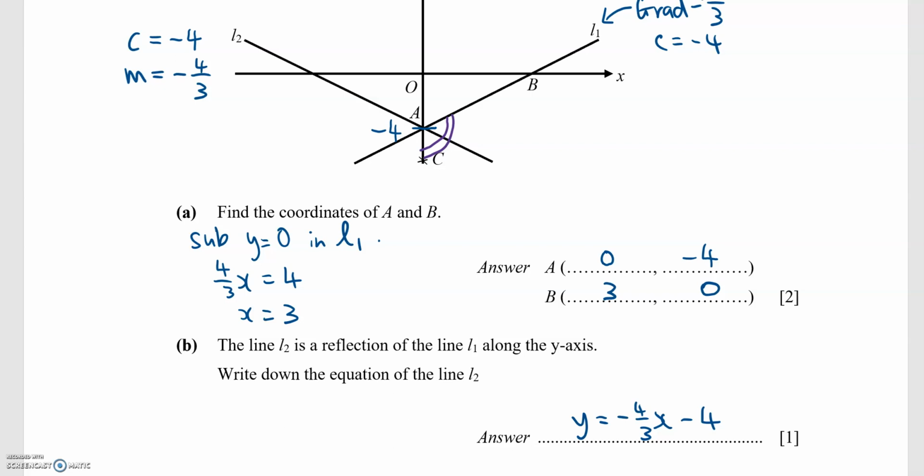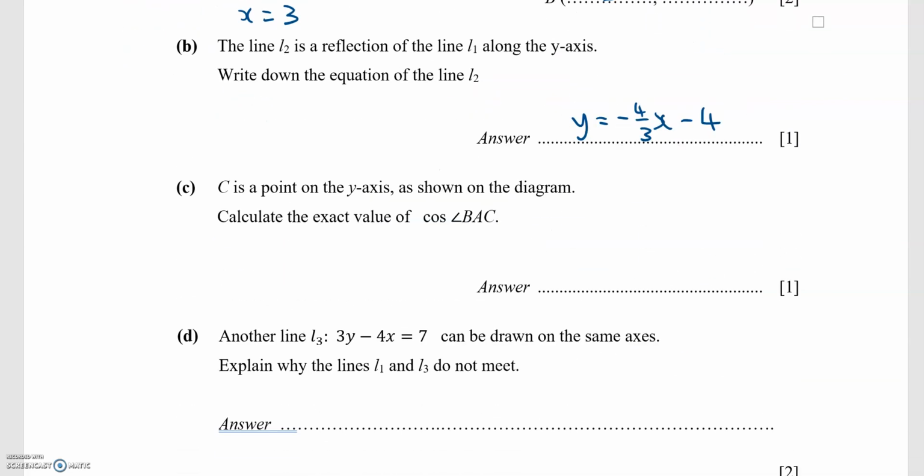So I'm going to make use of the acute angle, angle BAO, to help us find the exact value of cosine of angle BAC. So I'm going to draw a diagram to help me visualize better. So I have point O here, point B, point A, and point C is below here.